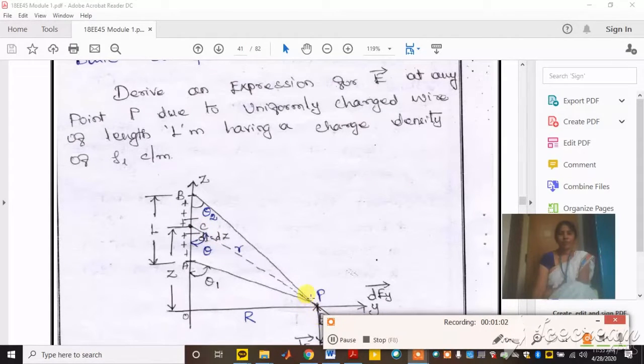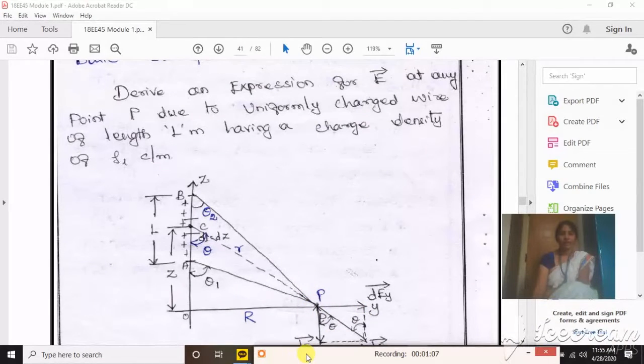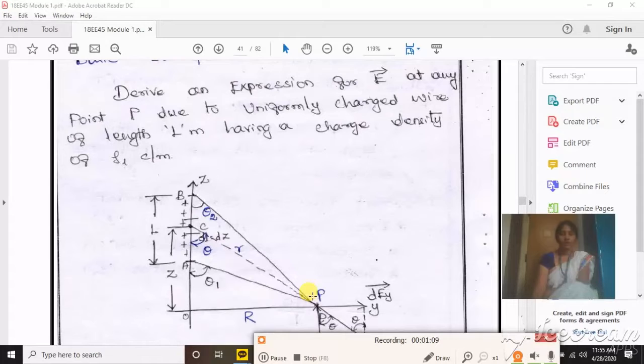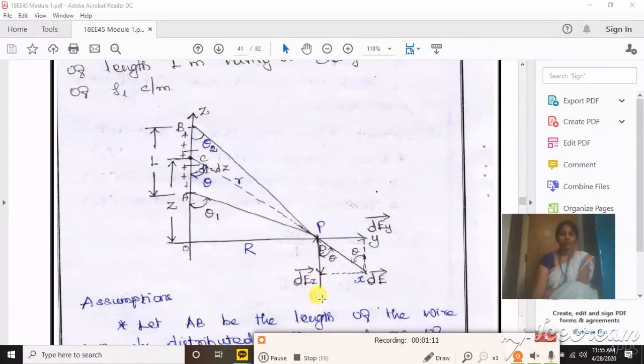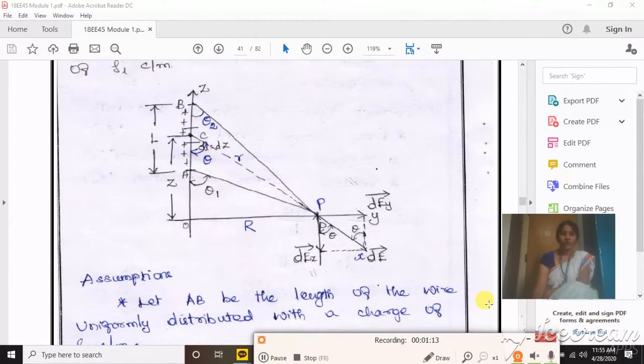Here, let P be the point where exactly we need to identify the electric field intensity. At this point, two fields are going to be exerted: one along the y-axis and one along the z-axis.